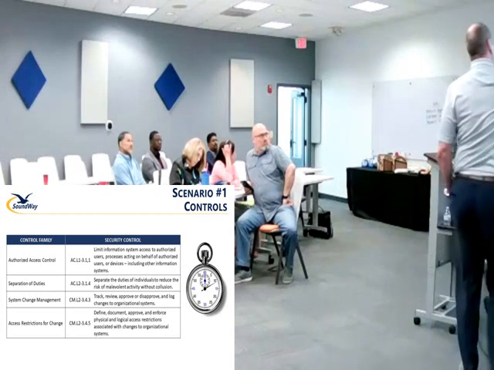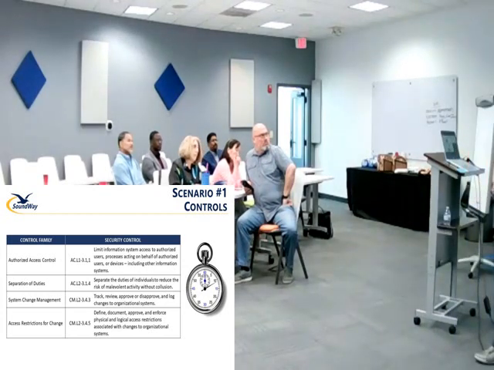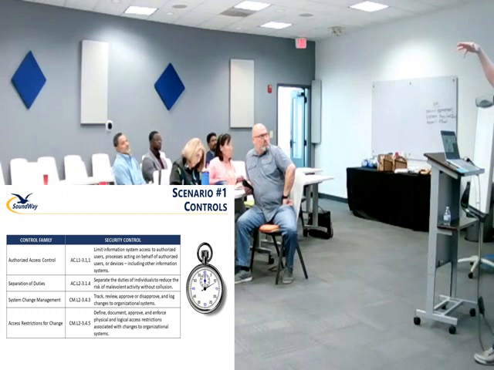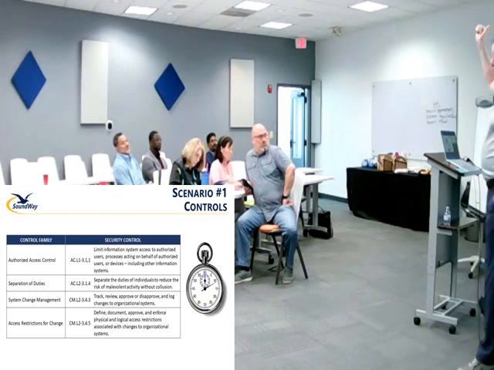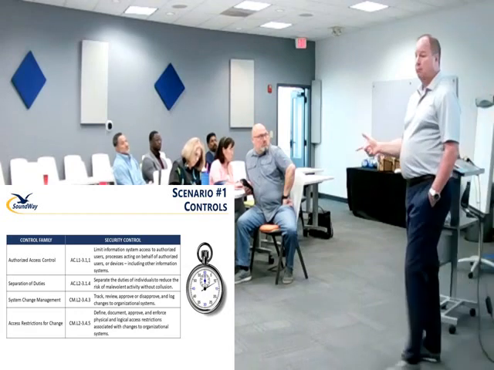When I look at this environment over here, there's no level of separation between HR, finance, and the C-suite. And all of them have equal access to that printer. So in this particular case, the control would not be met.